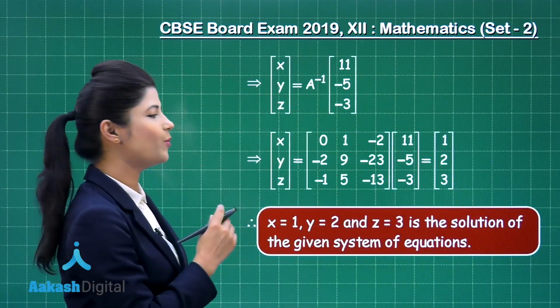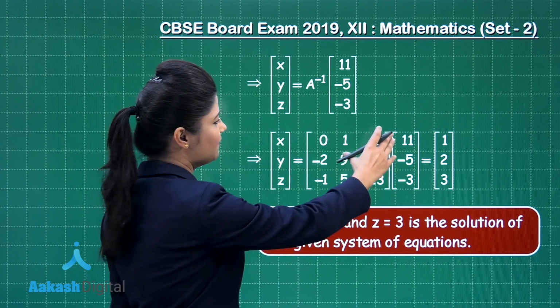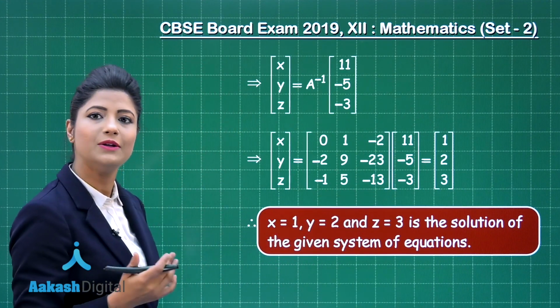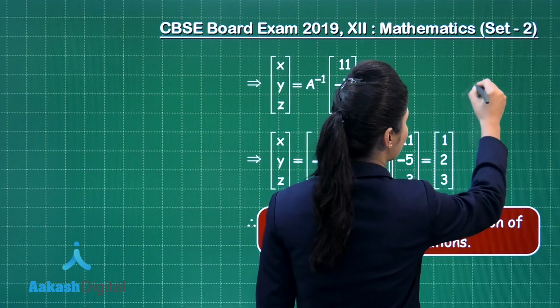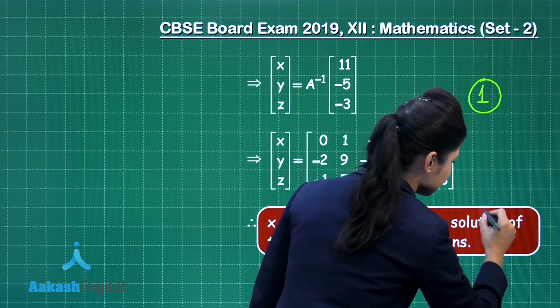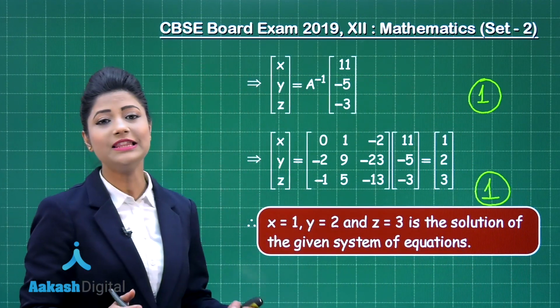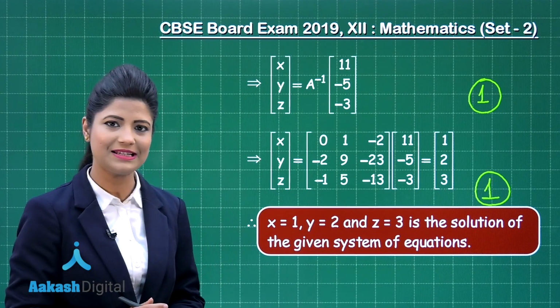And when you obtain this A inverse and multiply it with 11, minus 5 and minus 3, this matrix, to get the corresponding values of X, Y and Z, there you will obtain 1 mark for pre-multiplying A inverse and 1 mark for finally obtaining X, Y and Z. So in this way you obtain total 6 marks for this question. I hope it is clear to you.